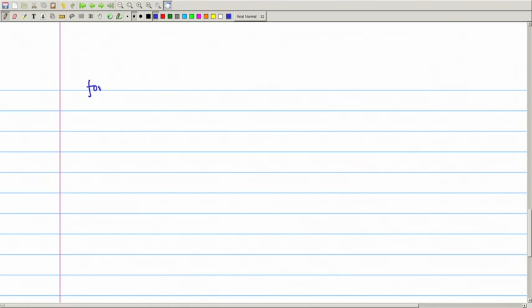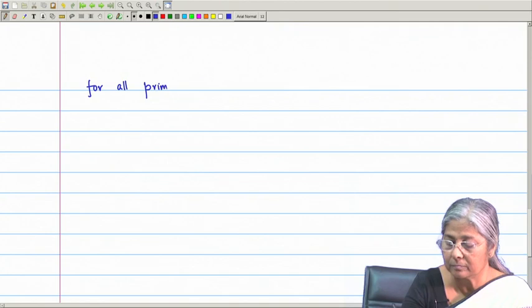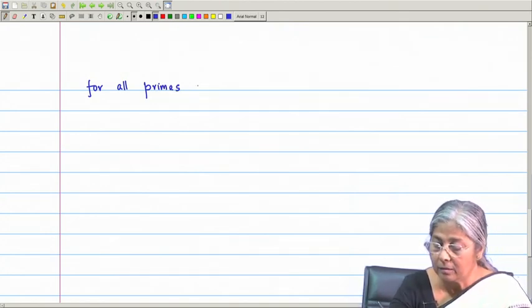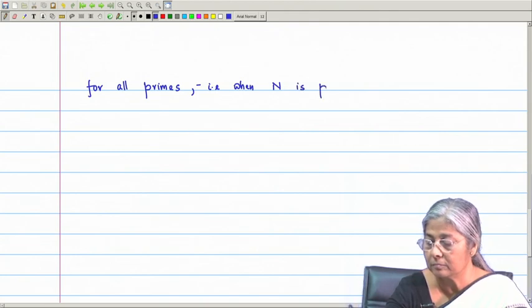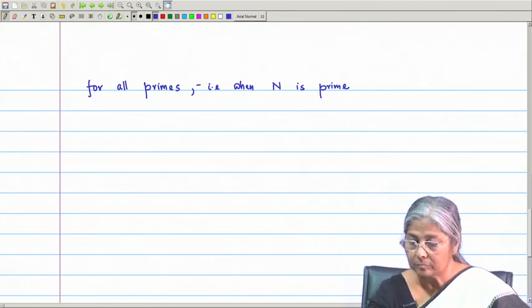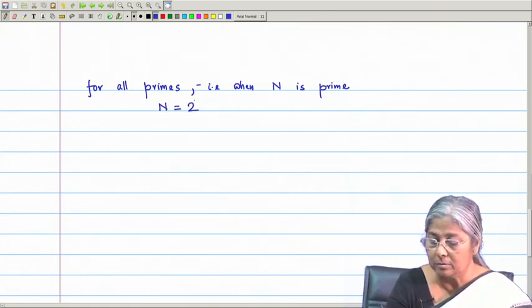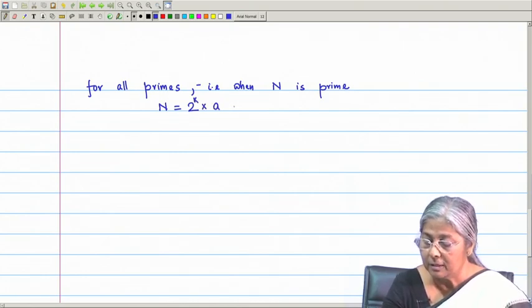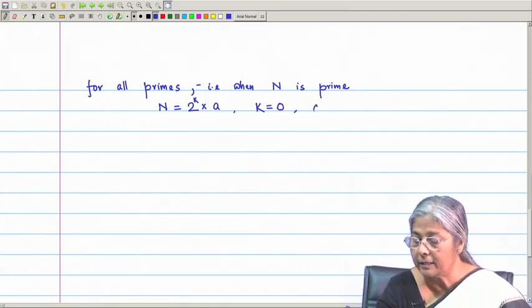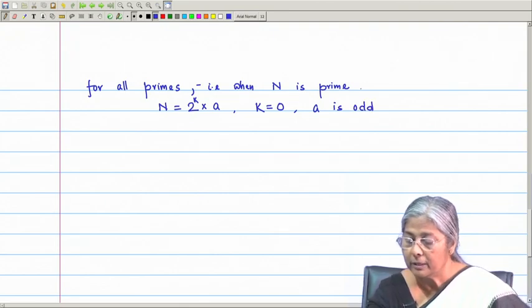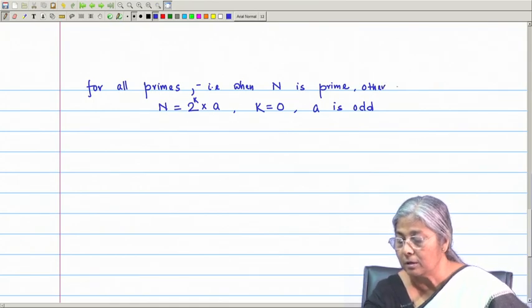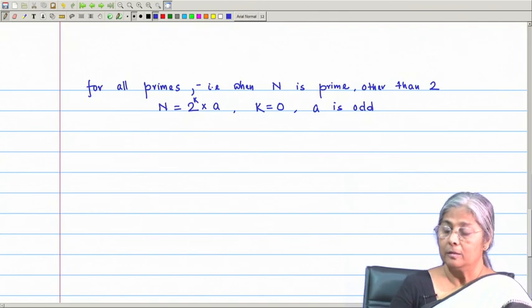Now, for all primes, when n is a prime number other than 2, n equals 2^k * a where k equals 0 and a is odd.